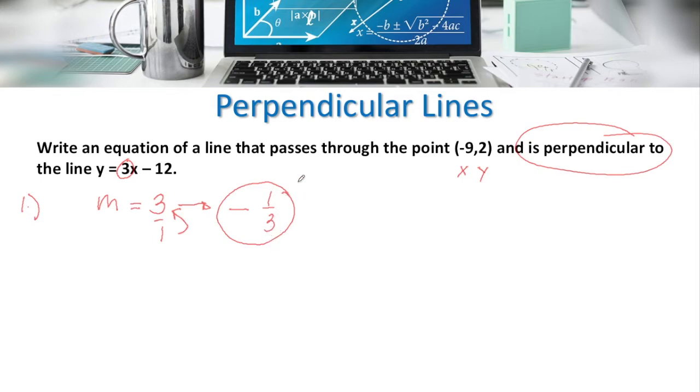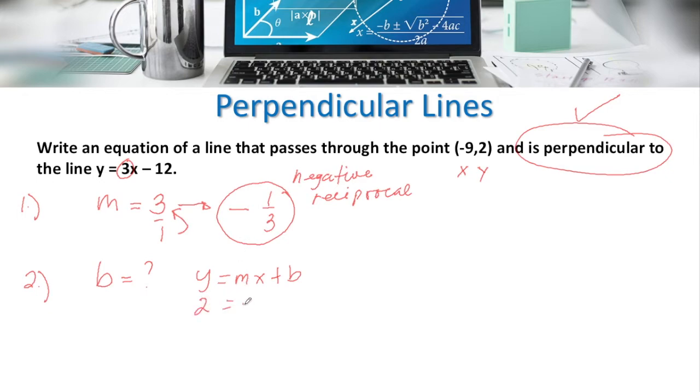You will only get the negative reciprocal of a number if you are writing the equation perpendicular. Then, step number 2 is to find for b. Then, use y equals mx plus b. Then, y is 2.